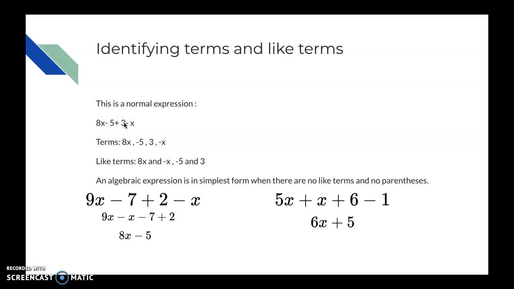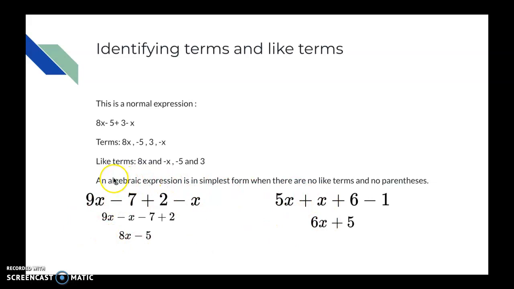If you find the same group of numbers, like these two are whole numbers, these two are integers, these two are variables, that makes them like terms. Now we are going to be finding out how to solve these two problems.